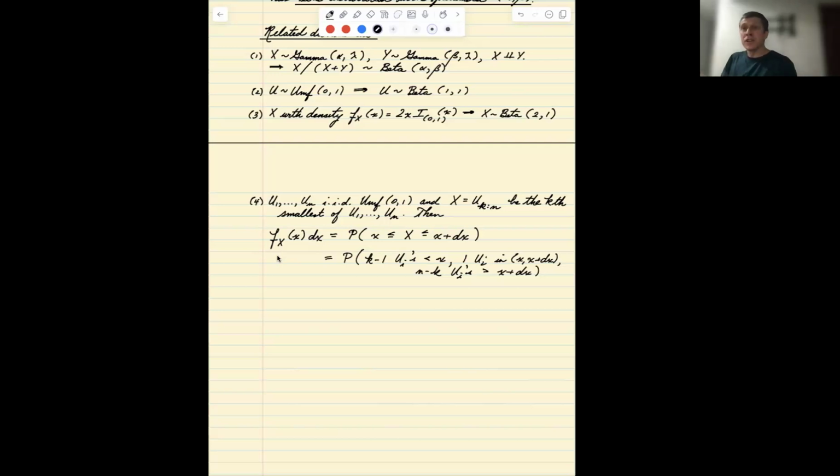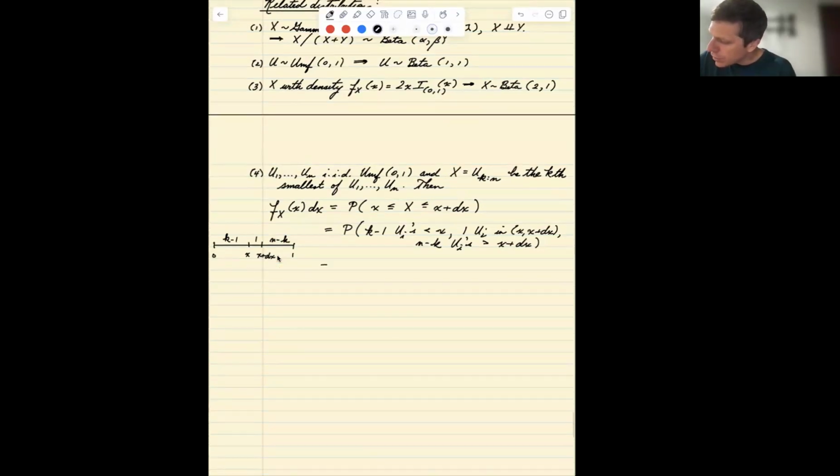That's the only way for the kth smallest to be close to x: if we have k minus 1 of them here, one of them here, and the rest here. But they're independent and they're uniform, right? So first of all, how many orientations are there? Well, we need n choose k minus 1 in one bin, one in one, and n minus k in the other.